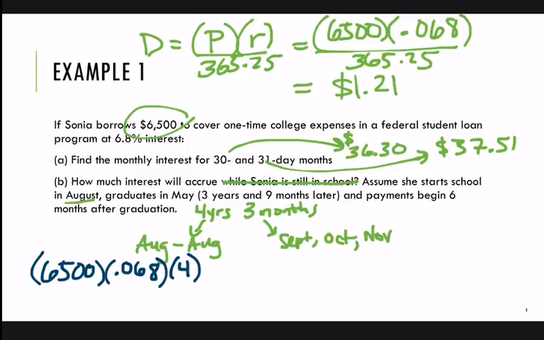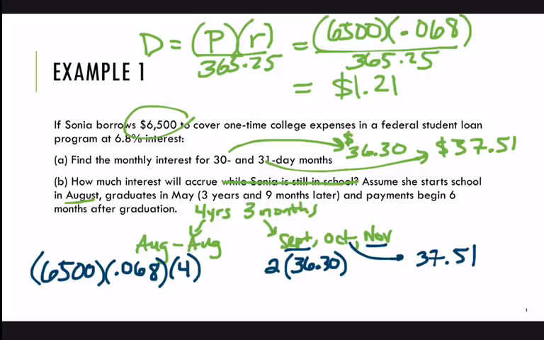Now for the 3 months, we've already done this calculation. We know that September and November both have 30 days. So we have 2 months where the interest is this 36.30 amount, the amount for a 30-day month. And then October has 31 days, so that would be 1 month in which $37.51 of interest accumulates.